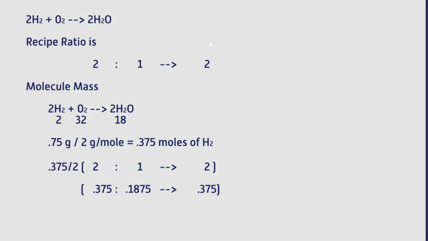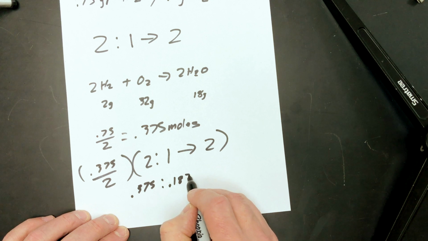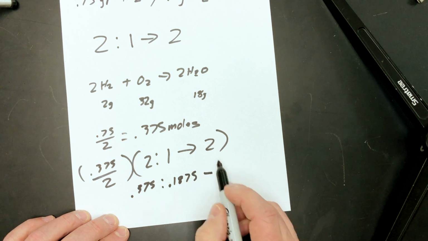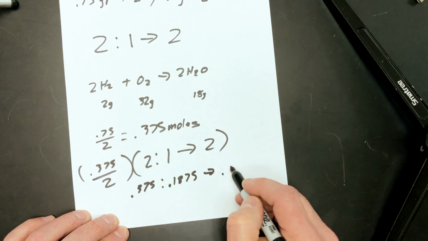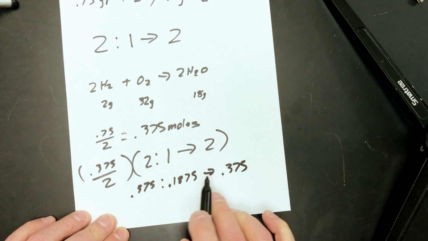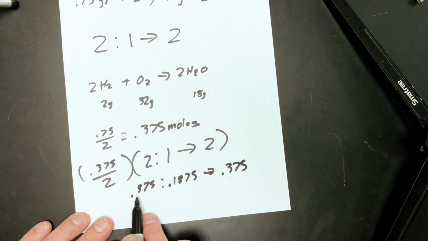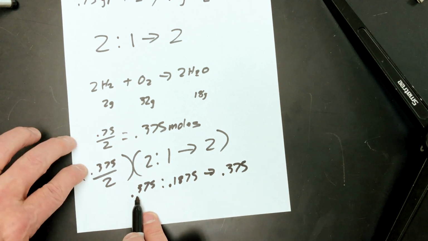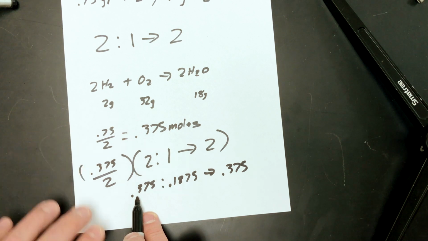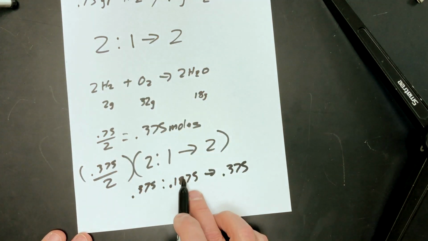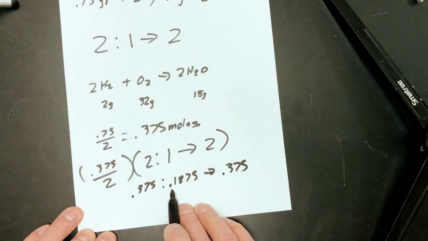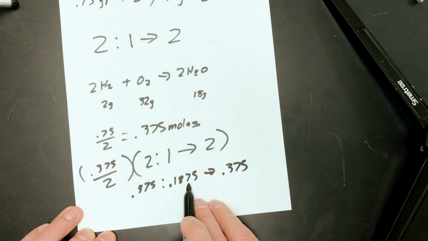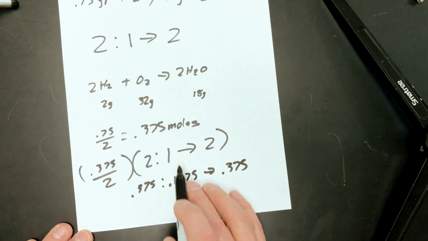0.1875. And that is going to result in 0.375 moles of product. So now, 0.375 moles is what I started with of hydrogen. And now I need 0.1875 moles of oxygen.